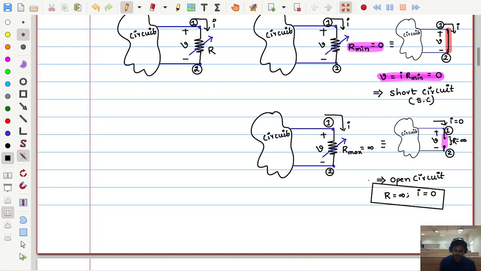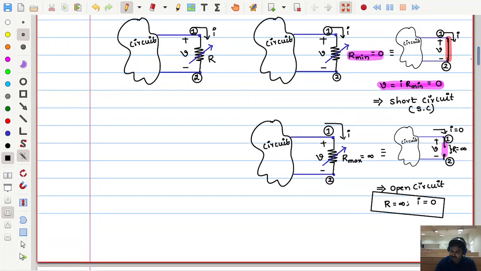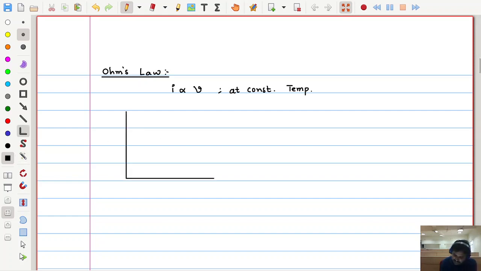Okay. So with this, now let us move on to some more additional information on the resistor. We had seen Ohm's law. We said that the current is proportional to the applied voltage across the conductor terminals at constant temperature. If it obeys Ohm's law, what kind of characteristics do we get?